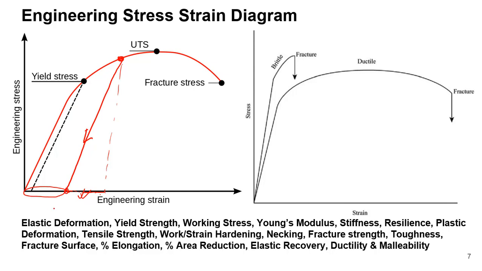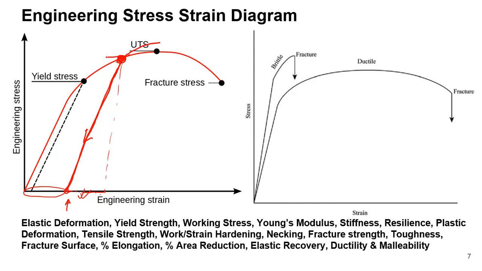Now after that, again if you do the tensile test on that material, then what will happen? Then you will observe that it will follow this particular line, and up to this point it will be elastic, and then the plastic deformation starts.